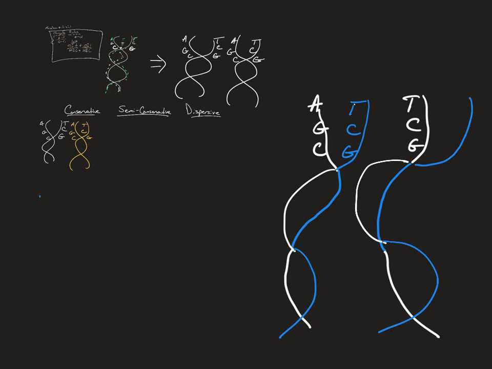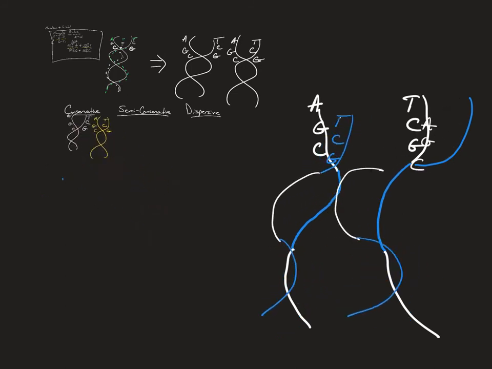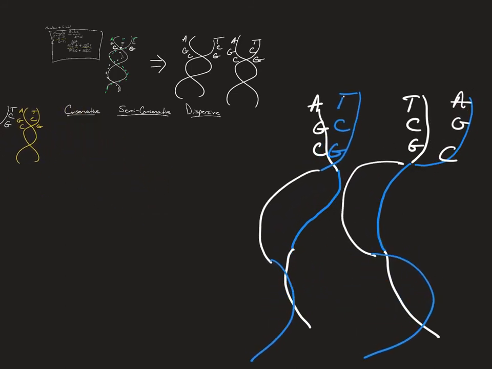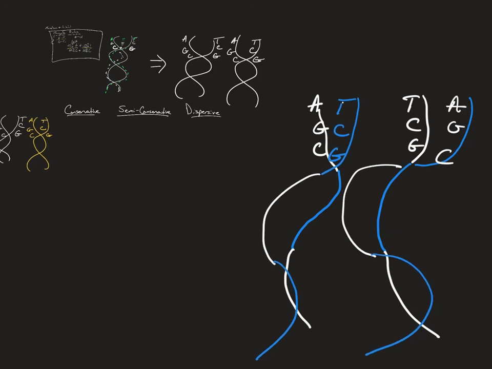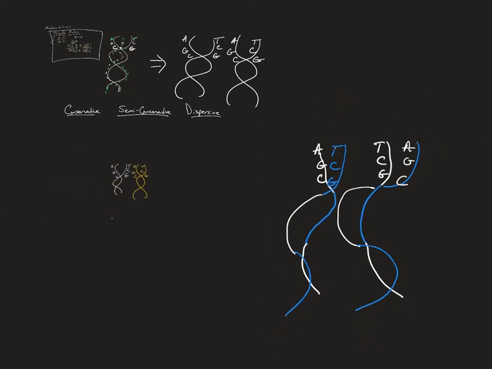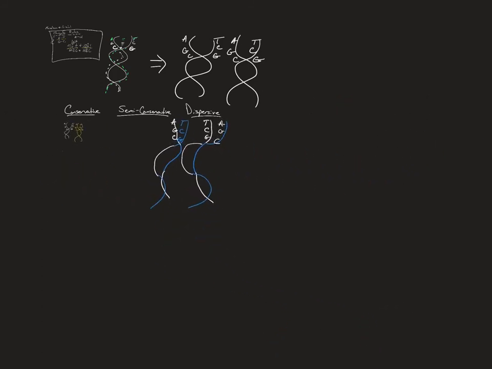So then again, you'd have A, G, C. So you see, you have your copies, where this is a combination of old and new DNA.